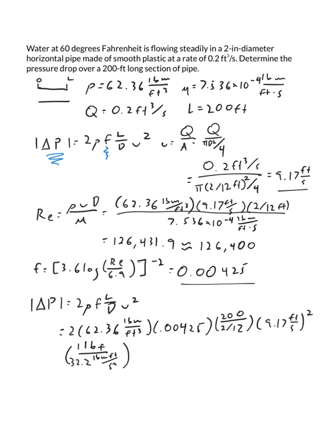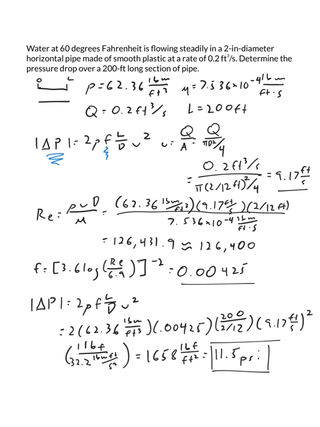And we will end up with 1658 pound force per feet squared, which is still not a very normal unit of measure. So we will convert it into pound force per inches squared, or 11.5 psi. That's our delta P.